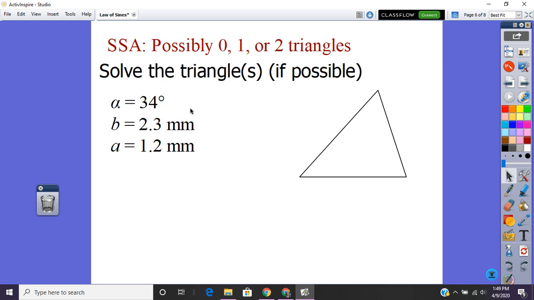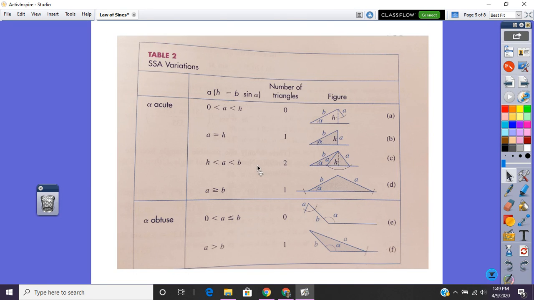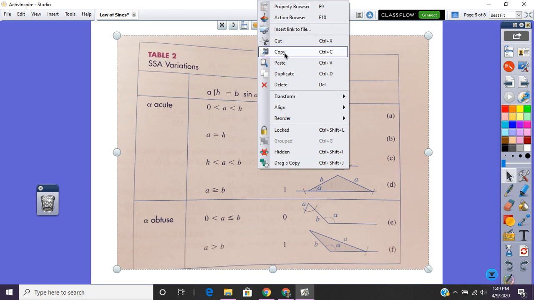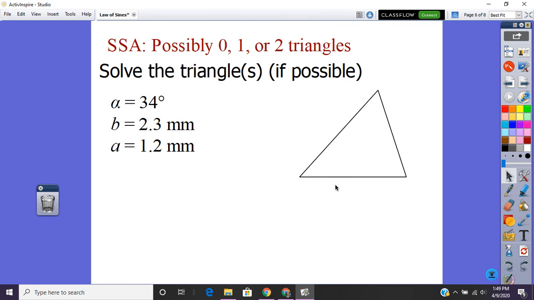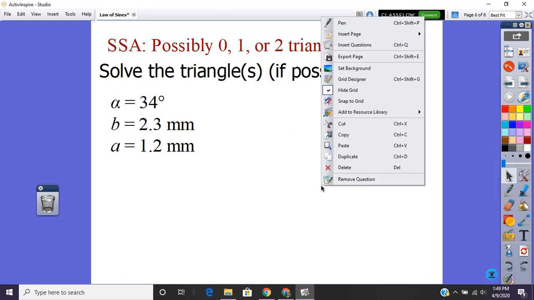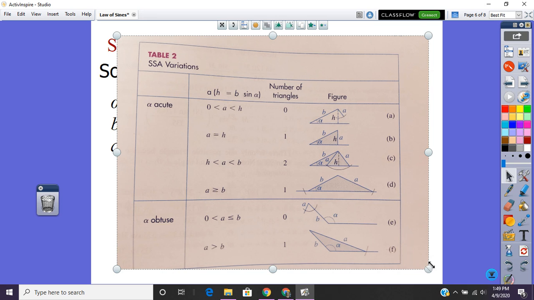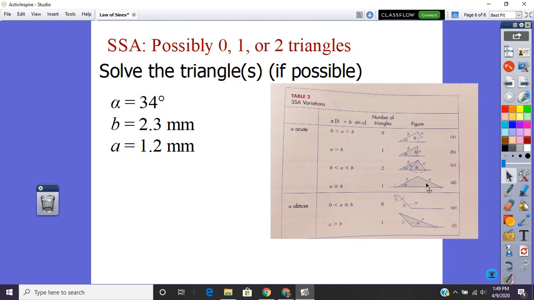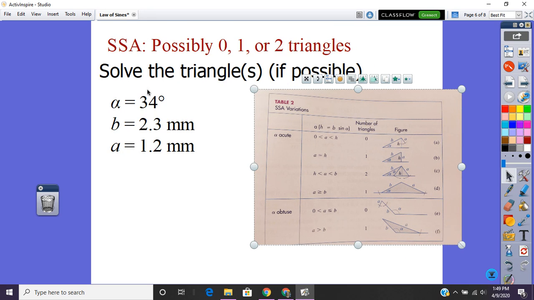So let's do this example here. I'm going to copy this, and I'm going to go ahead and get rid of this triangle. All right, so if I'm looking at this, alpha is acute, so I know I'm in this one here. So now I'm going to check, is A greater than or equal to B? A is not greater, so it's not this situation.